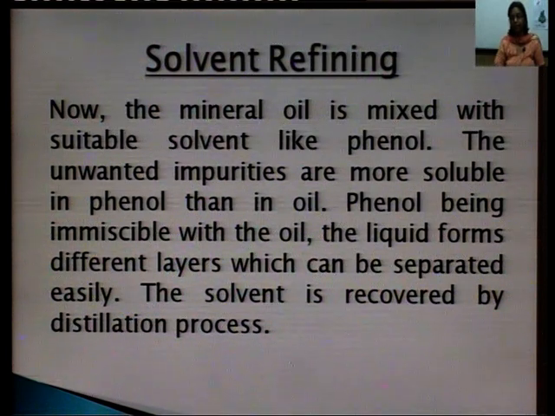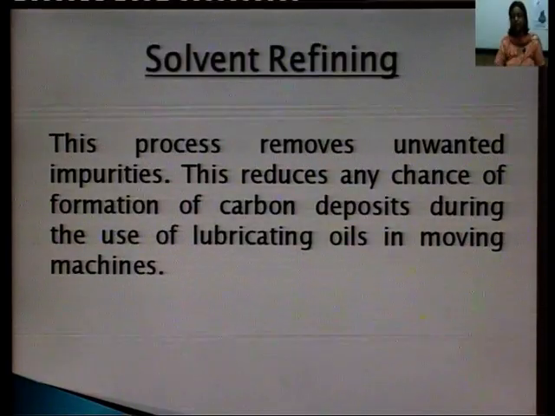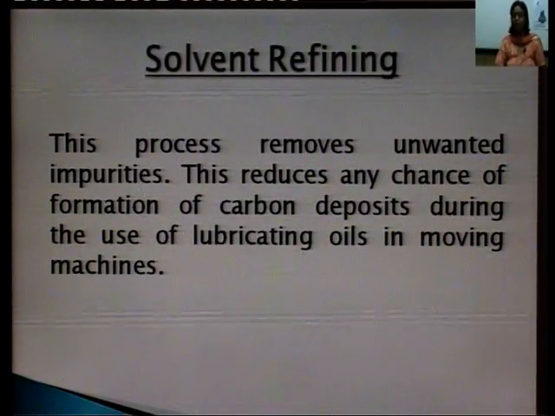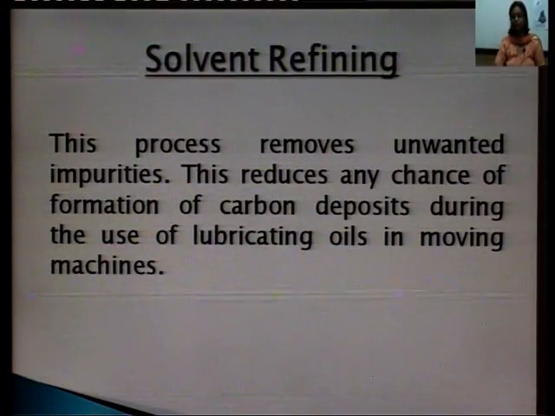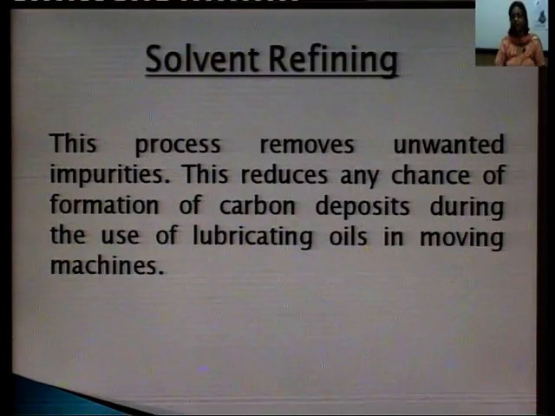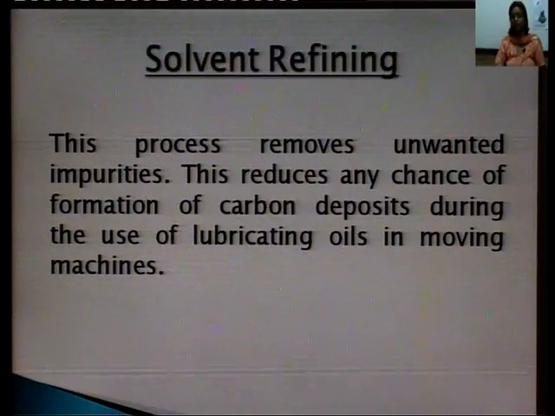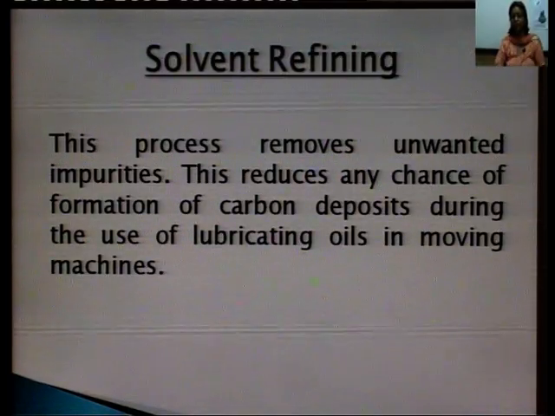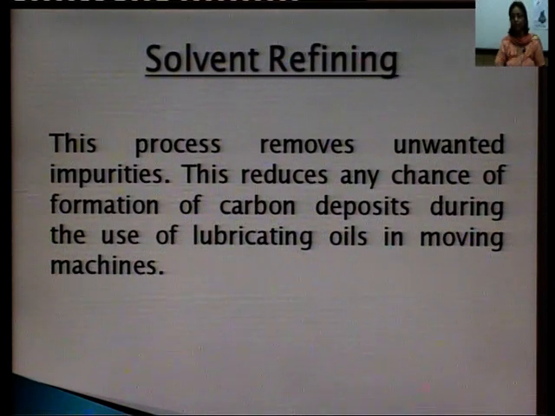Now, from this, the oil is removed and the solvent is recovered by the distillation process. So, in this way we have the oil free of the unwanted impurities. So, this process removes unwanted impurities, and this reduces any chance of formation of carbon deposits during the use of lubricating oils in moving machines.